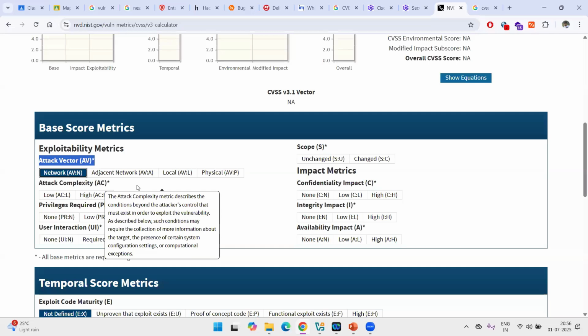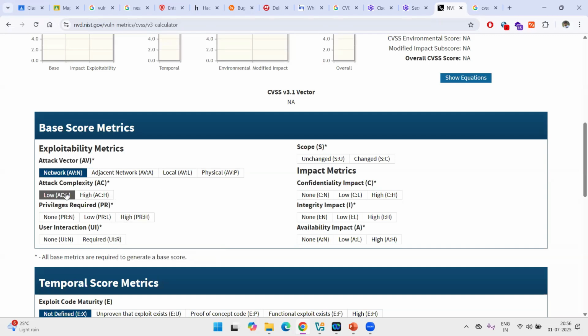Suppose the exploit and the steps are available outside, then attack complexity is low. And do we need privileges to run this exploitation? Sometimes users may require low-level or high-level privileges, so depending on that, you can choose it.